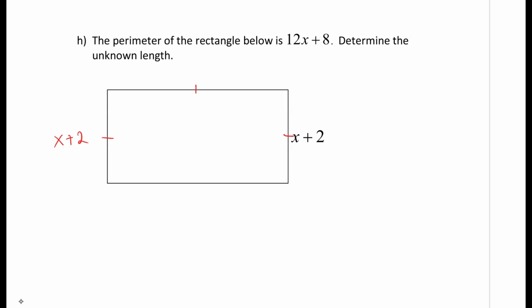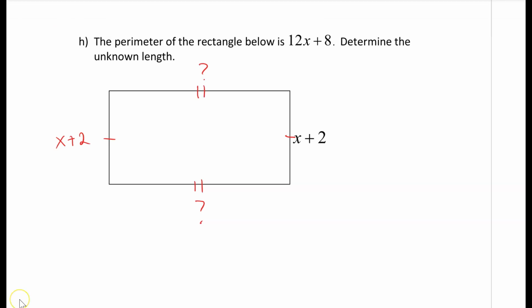Our unknown length is going to be the top and bottom of this rectangle. So we need to know what this part is going to be. So those are unknowns, right? Perimeter equals 12x plus 8.